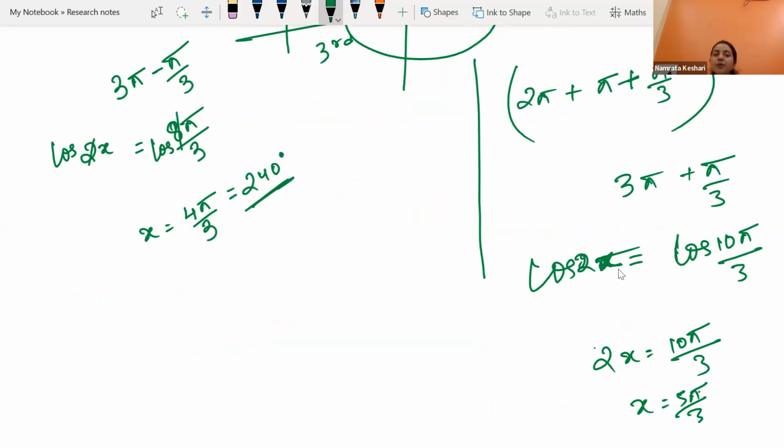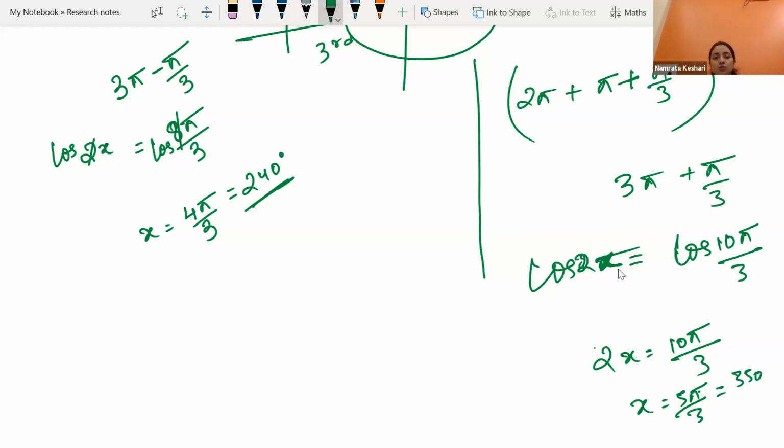Is 5 pi/3 smaller than 360 or bigger than 360, Fatima? It's smaller. This means 300 degrees.